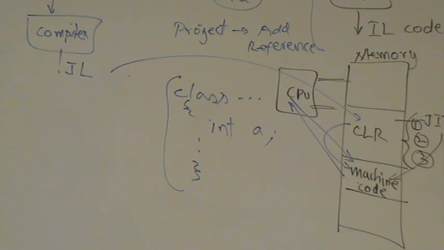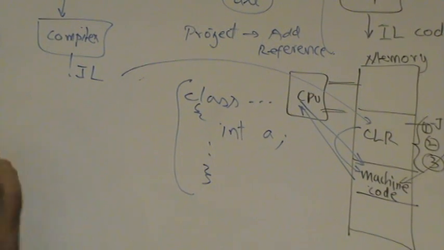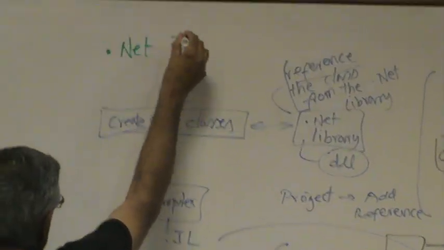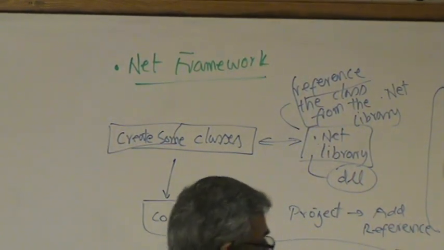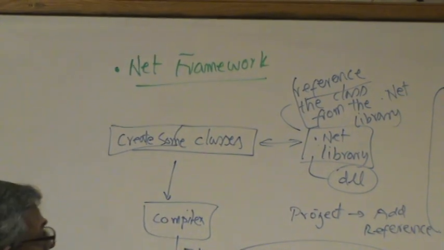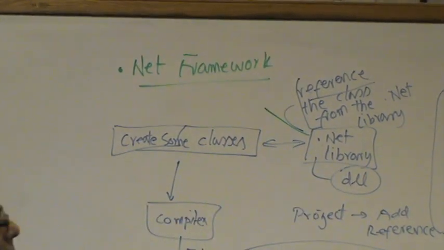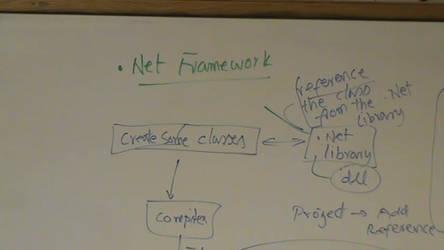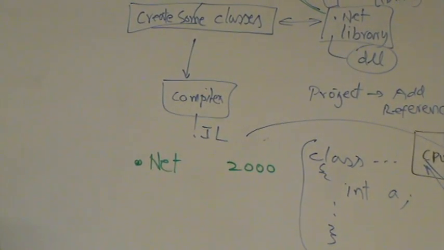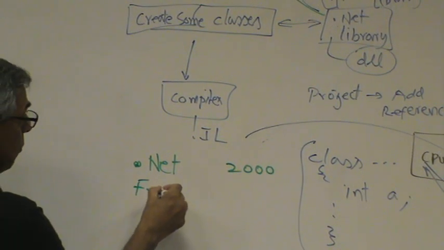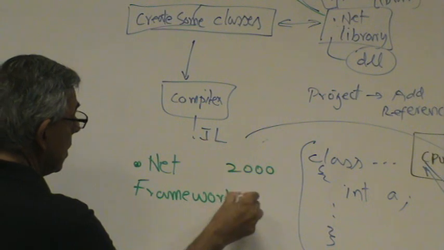We also discussed in the last lecture that the .NET framework is basically an environment for creating applications, including the CLR, including the library. So all this environment is referred to as the framework. One of the nice things in the .NET framework is that when .NET was released around the year 2000, the framework version was 1.0, right?